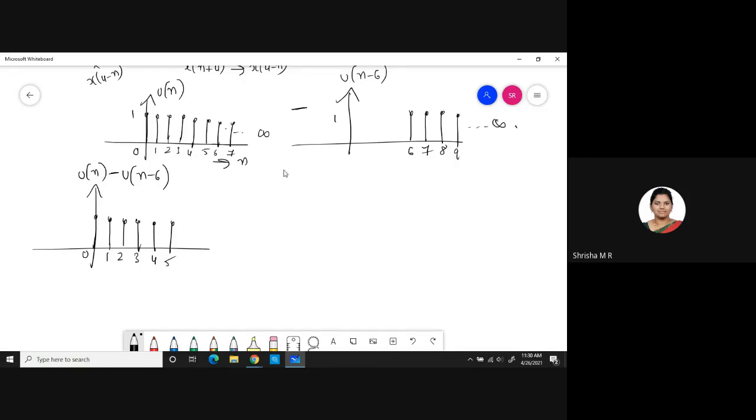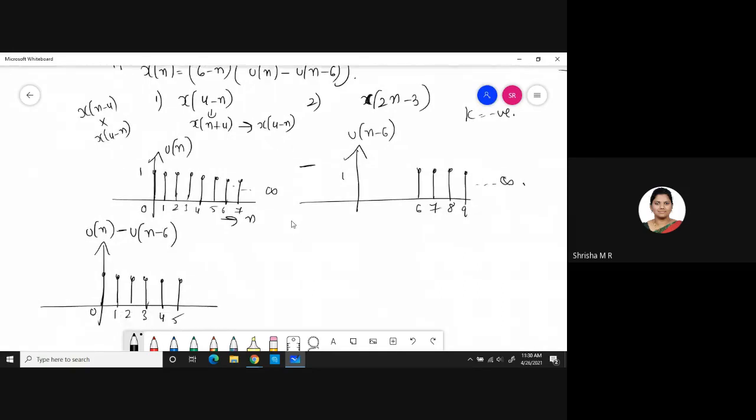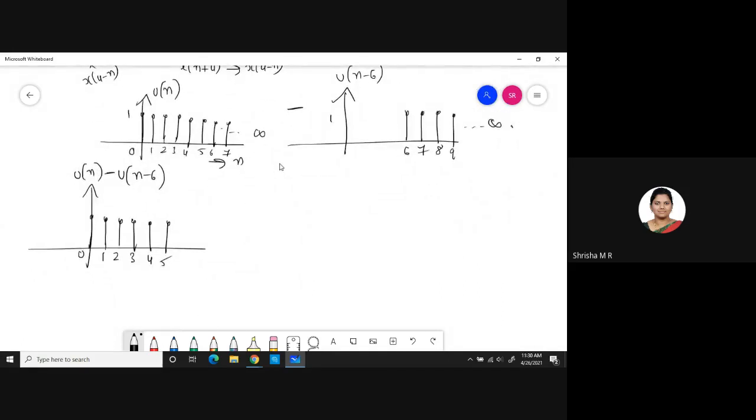Now we have an amplitude factor, that is 6 minus n. So that is our x of n: 6 minus n into u of n minus u of n minus 6. At n equal to 0, it will be 6 minus 0 into 1, so the amplitude will be 6.